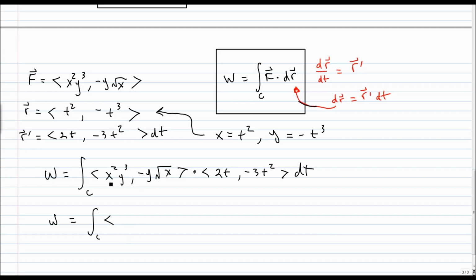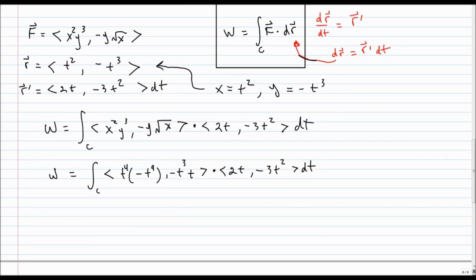So what do we have in this case? Well, we would have x squared, so that would be t to the 4, times negative t to the 9, right? Now there's nothing to it. All we have to do is compute this dot product.